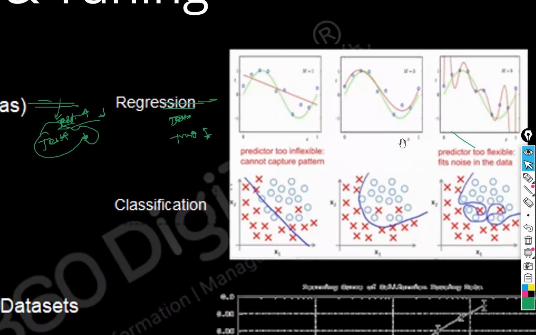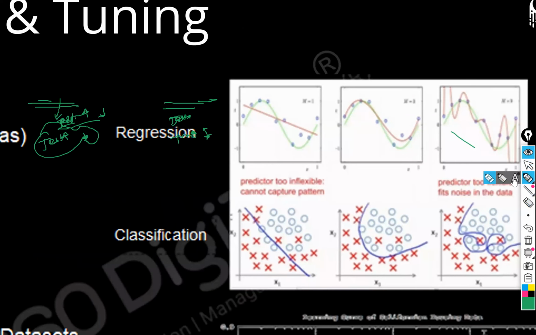Here clearly, this is my predicted line. This is the original value. This is underfitting because my original is this and the prediction is this. Here it is overfitting. It will go through all the errors and capture all the noise. This is the right fit model.